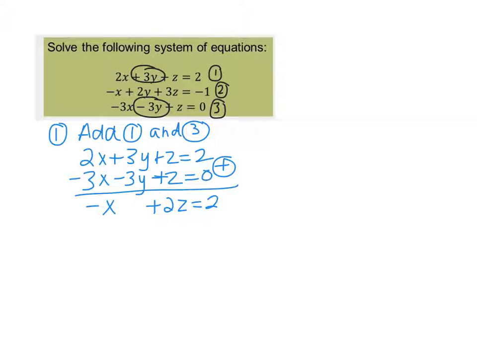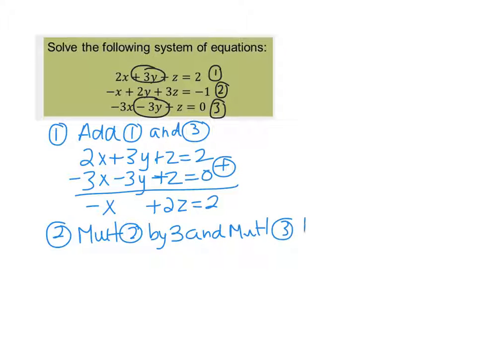So now I want to use two other different equations, and I want to try to eliminate the y in those as well. So if I look at those two equations, if I were to multiply equation number 2 by 3 and multiply equation number 3 by 2, I could get rid of my y's.